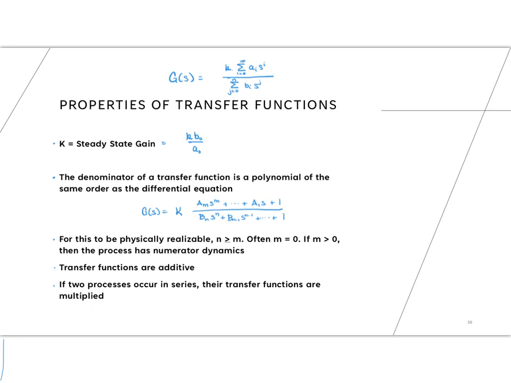Often we're also going to find that in the numerator, m is 0, so all we have in the top is this K term. Whenever we do have a polynomial in the numerator, we describe it as having numerator dynamics. Those numerator dynamics come from our forcing functions in the original differential equation model.